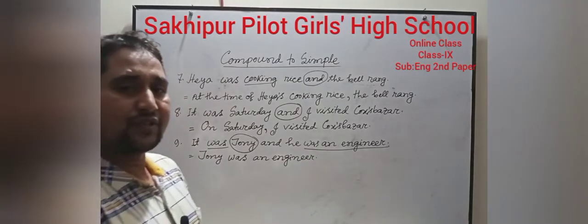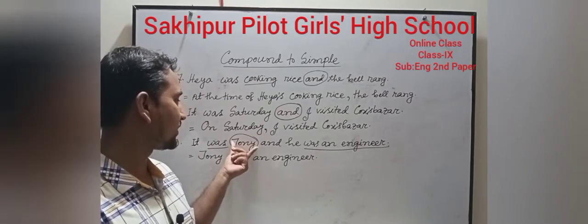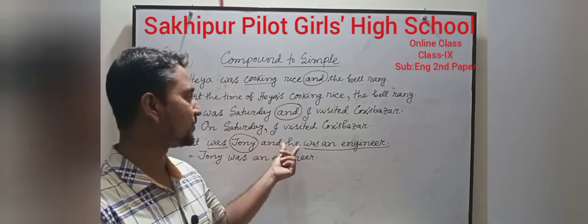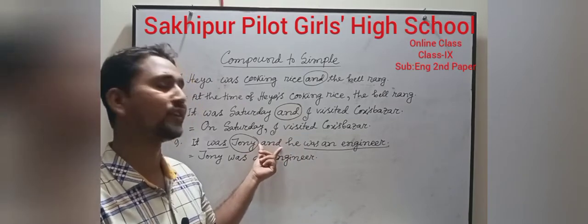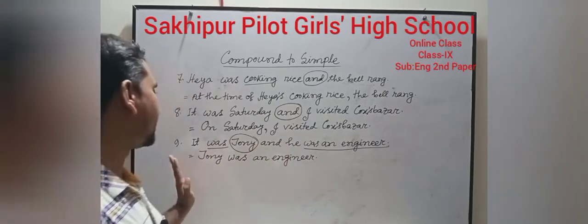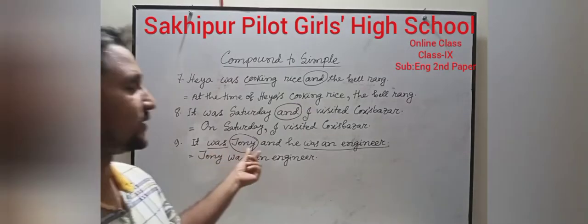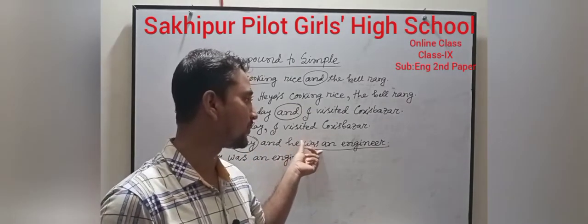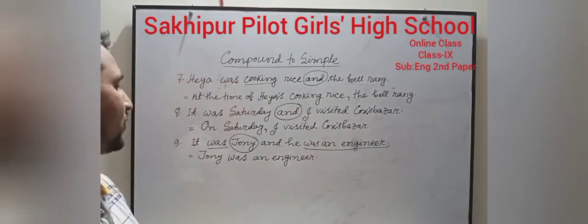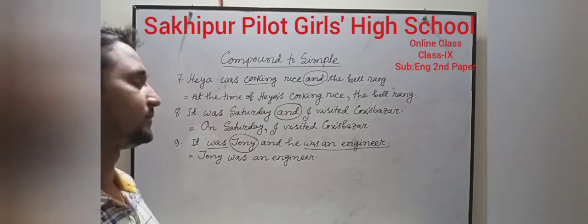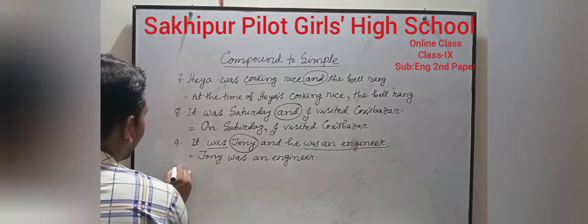Now are you clear about these rules? Okay. If the subject, object and the subject of the second clause are the same before and after conjunction and, then you have to write the object of the first clause, then you have to write from verb to the last of the second clause. Johnny was an engineer. Last rule.